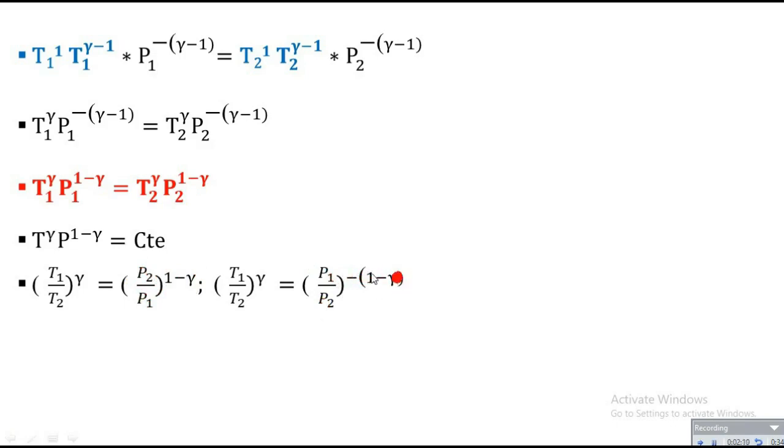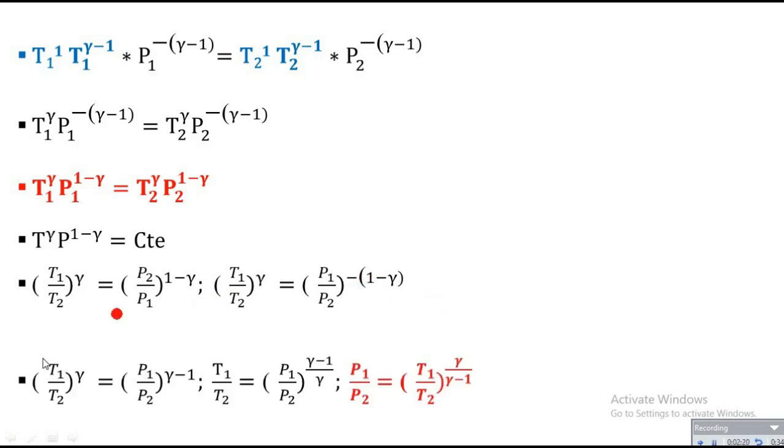Rather than using P2 over P1, we are using P1 over P2, so we need to change the sign here: P1 over P2 power minus 1 minus gamma, because we have inverted this one. Then we have T1 over T2 power gamma is equal to P1 over P2 power gamma minus 1, because if you multiply this negative and this negative, it will be positive, gamma minus 1.